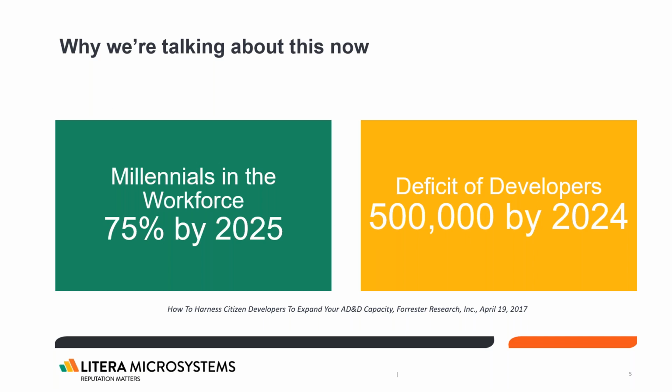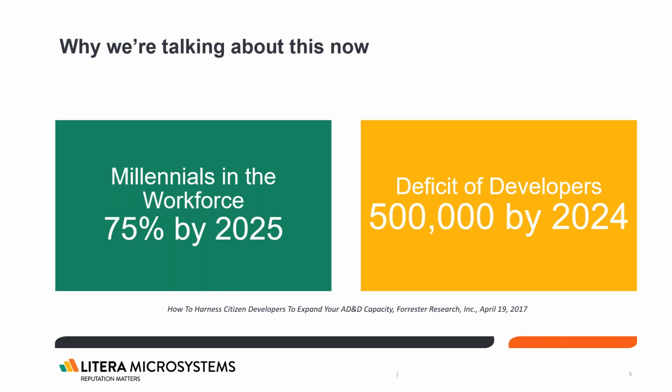I love Joy Heath Rush's definition of technology: technology is essentially whatever you didn't grow up with. And that's the statistic that jumps out at me: 75% millennials, all digital natives. And then I was mashing that up in my head with another statistic that looks maybe a little off balance to that, but still: 500,000 is the deficit that we will experience by the year 2024, the deficit of developers to the demand for development resources.